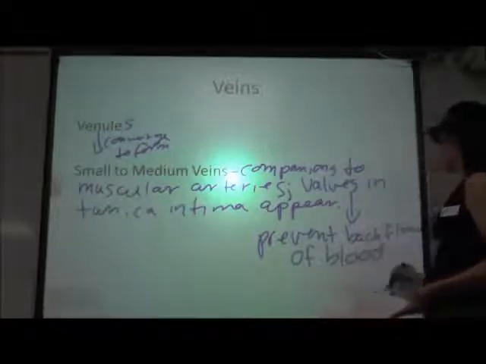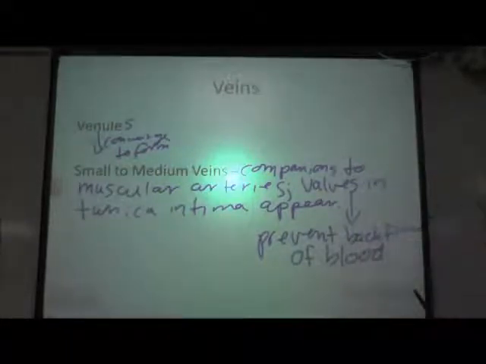And again, that's because our venous blood is not under blood pressure. All that blood pressure gets dispersed when we hit the capillary bed. So we'll talk about the different pressures acting on the system in just a minute.